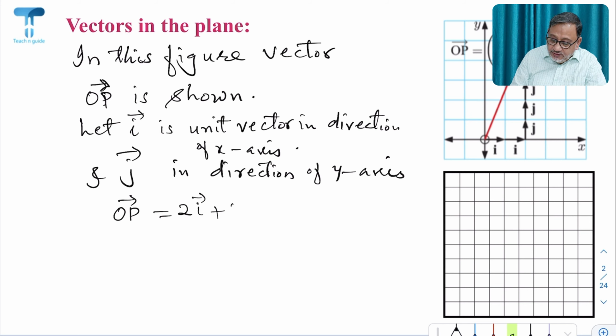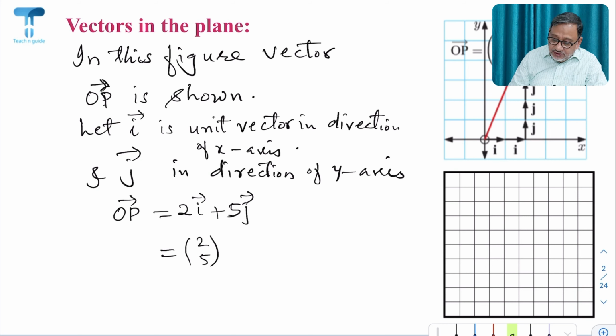And 5j. So this is the vector OP represented in terms of the base unit vectors i and j. We can also write it in the component form.